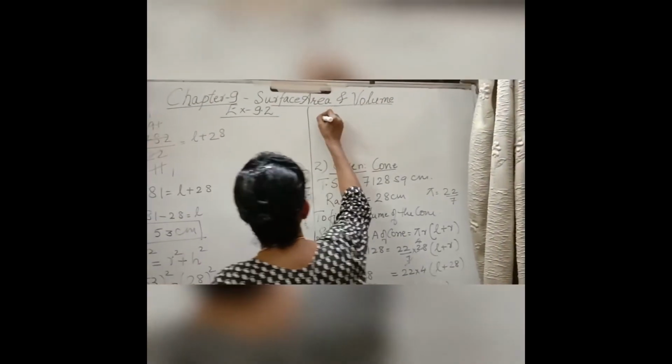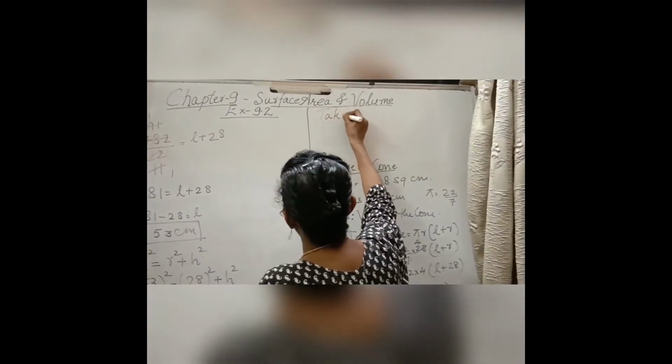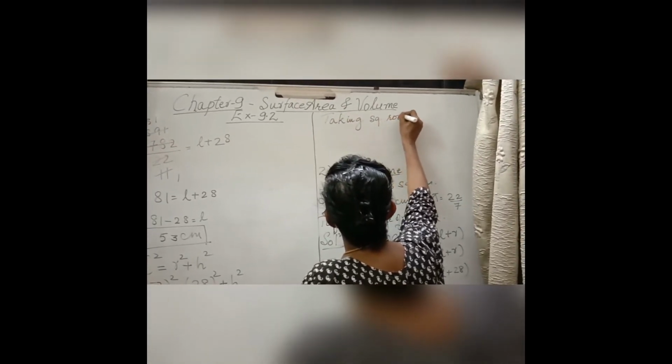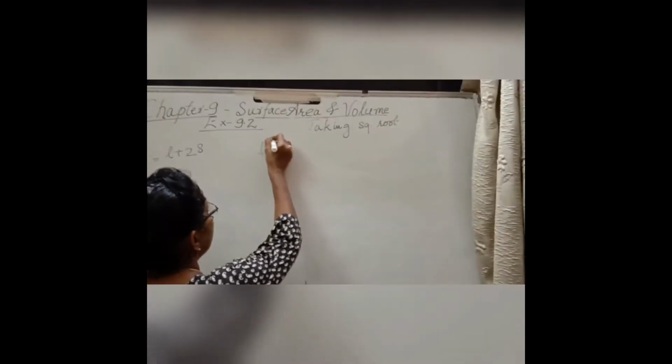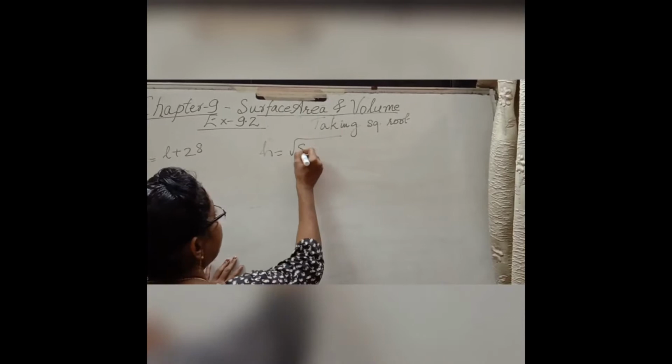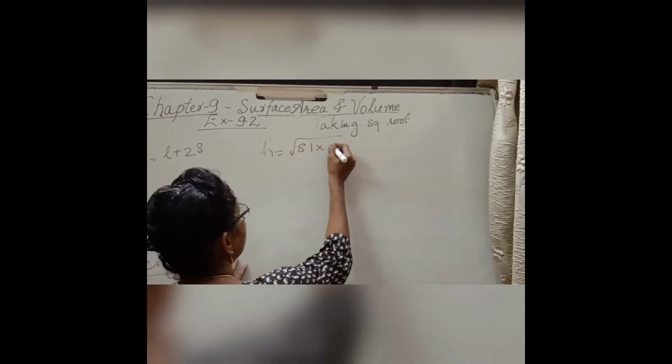Taking the square root, H is equal to square root of 81 into 25.